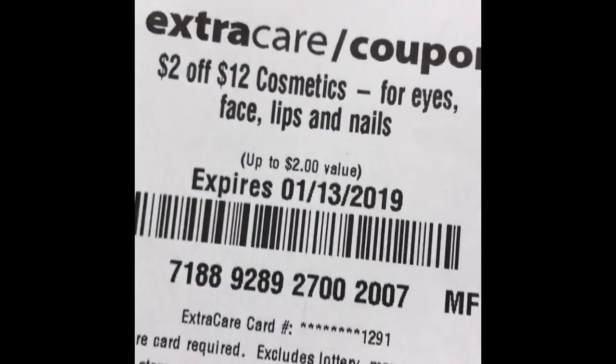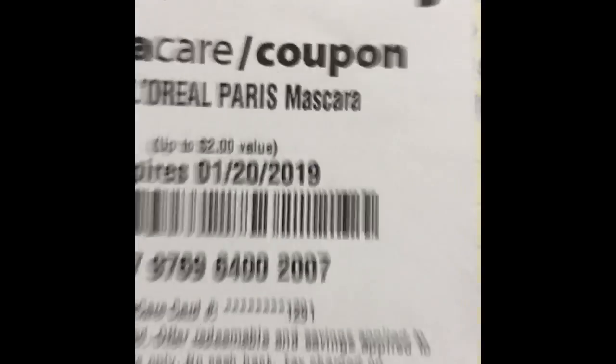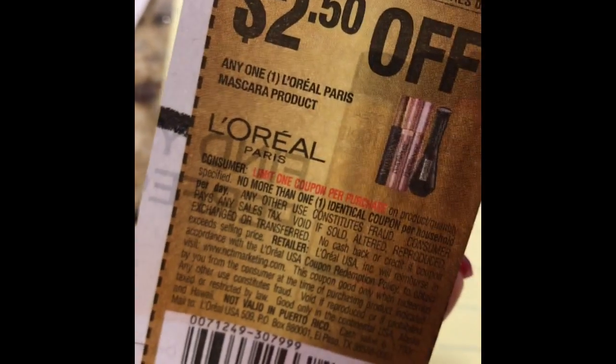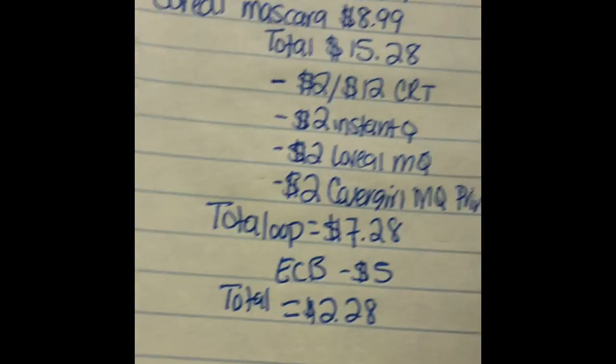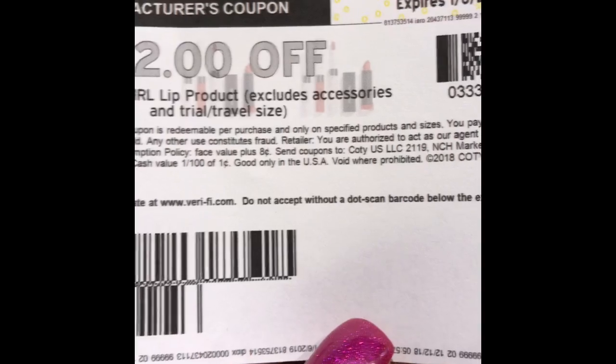We're going to use our $2 off $12 CRT. We have a $2 off instant coupon on L'Oreal Paris mascara. We're going to use that. Then we also have a $2.50 manufacturer coupon, which is good on any L'Oreal Paris mascara. And then for our CoverGirl lipstick, we have a $2 off any CoverGirl lip product coupon, okay?